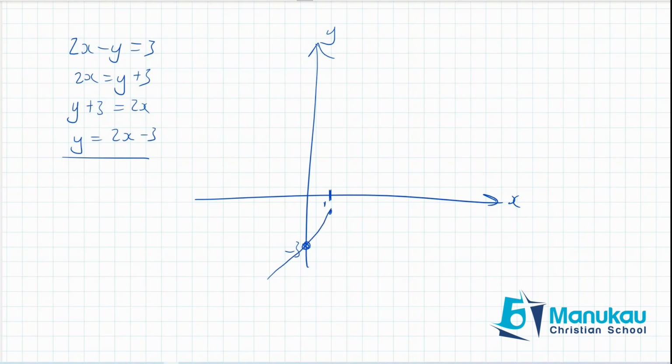Okay, and it's going to cross. So when I get to 2, I'm going to be up at 1 here. So something like that. I've not drawn it very accurately. But there is my graph. Okay, so this is y equals 2x minus 3.